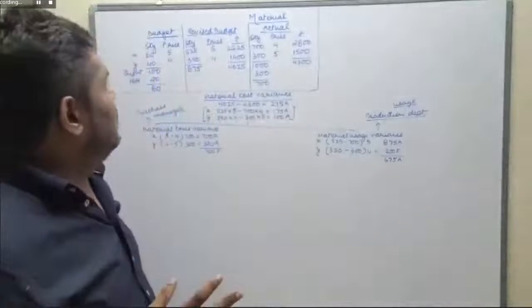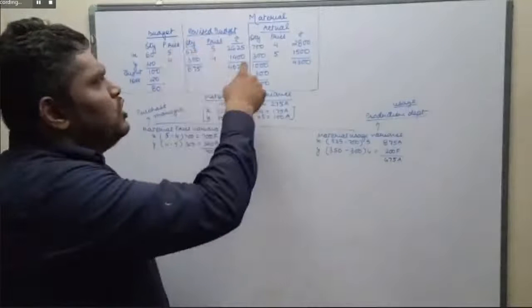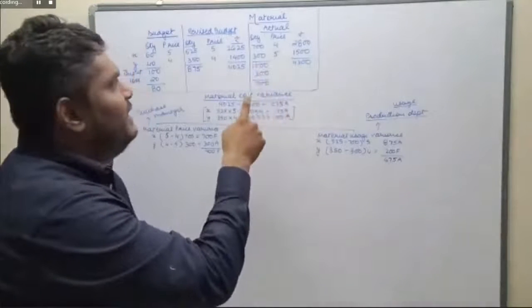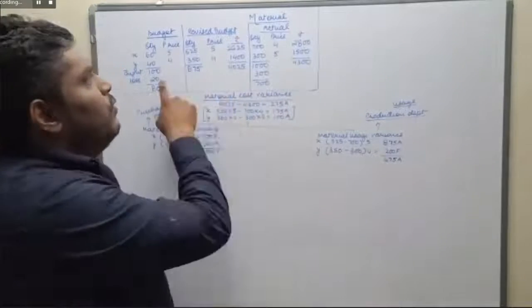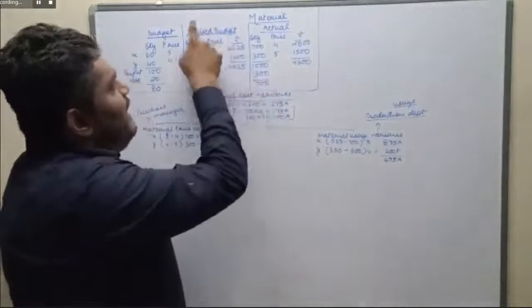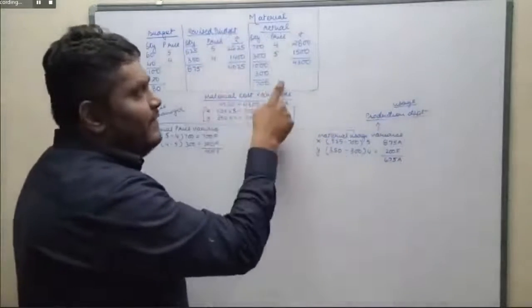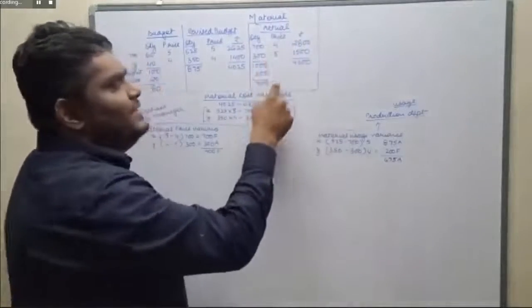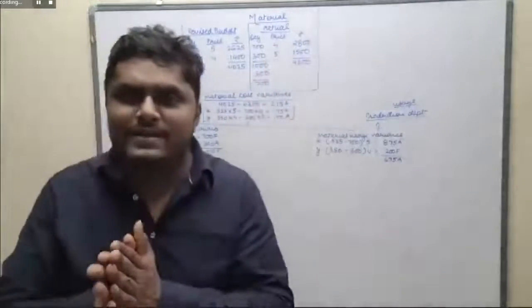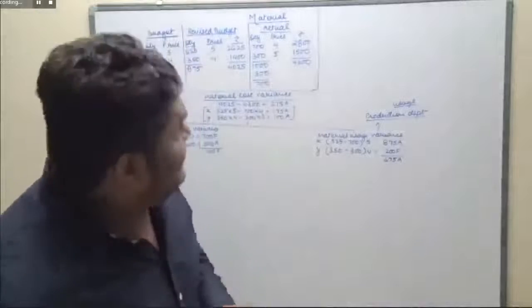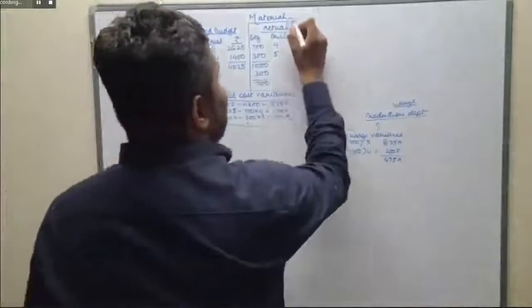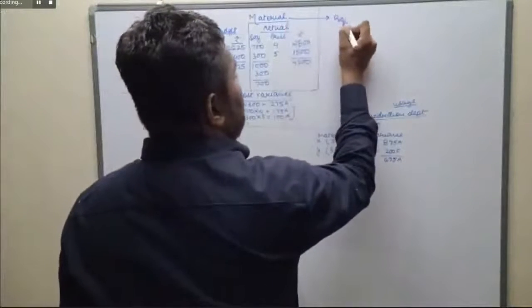I repeat, what is the purpose? This much cost has to be incurred for preparing 700 units, whereas we incurred this much cost for these 700 units. So these two figures are comparable. In material, the basis of comparison, as I said, is output.